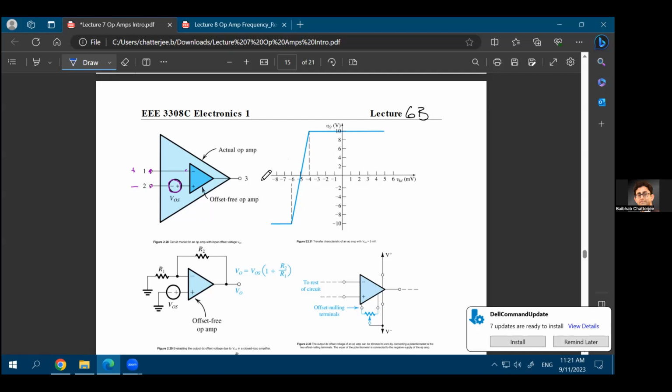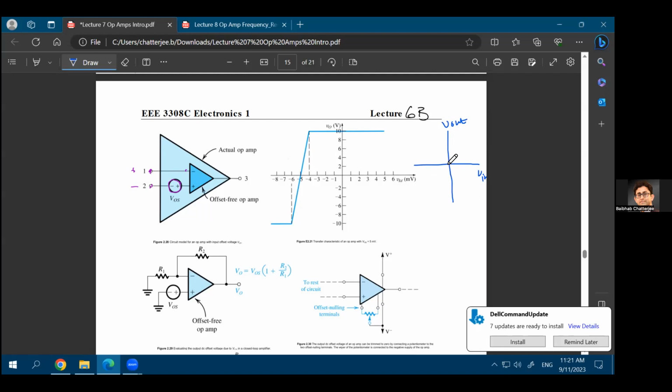What does the offset voltage mean? Remember that when we talked about ideal op-amps, we said the input versus output characteristics look something like this. Let's say this is the out, this is the in. And let's just for a moment assume that we are not doing any signal inversion here.